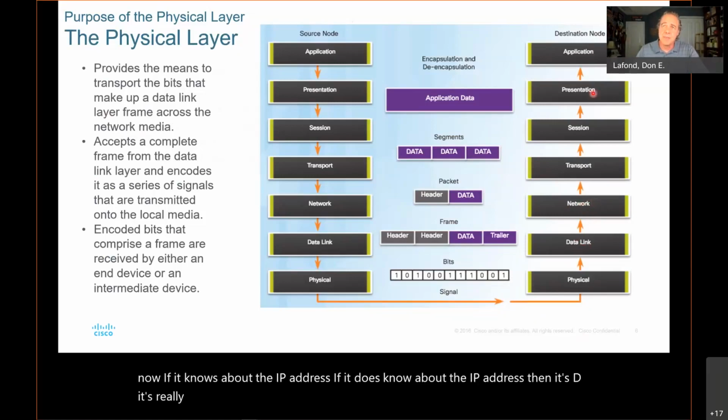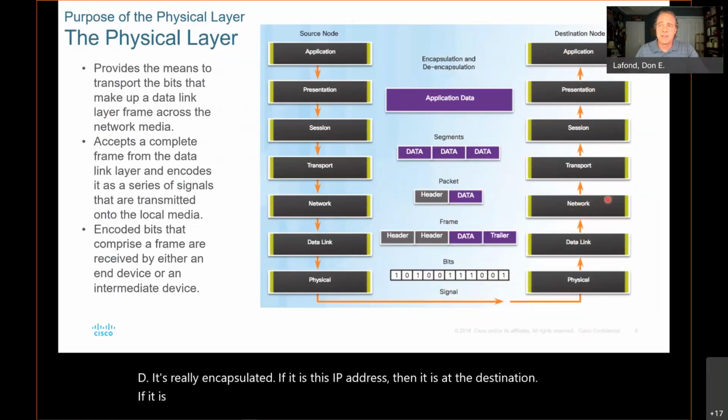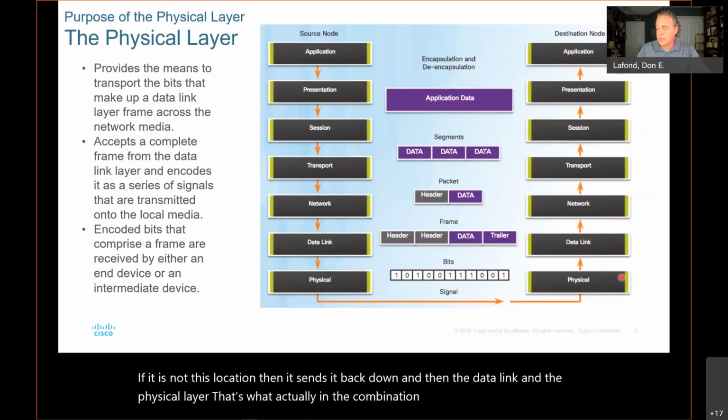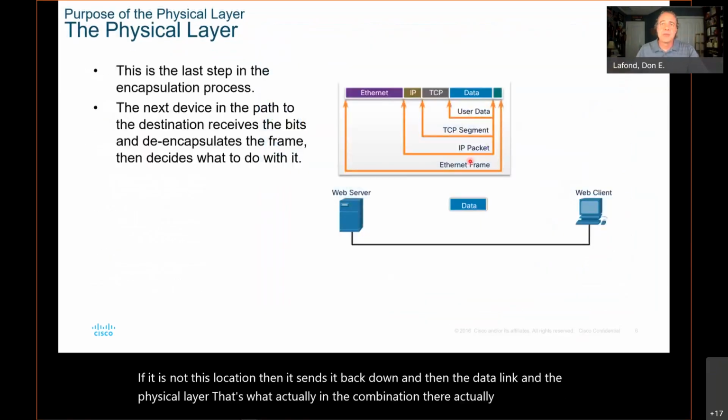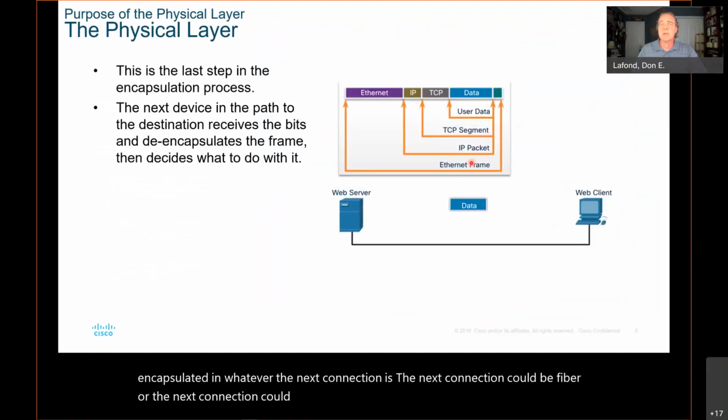If it is this IP address, then it is at the destination. If it is not this location, then it sends it back down, and the data link and the physical layer, in combination, will re-encapsulate it in whatever the next connection is. The next connection could be fiber, or the next connection could be wireless. I hope I didn't confuse you guys.